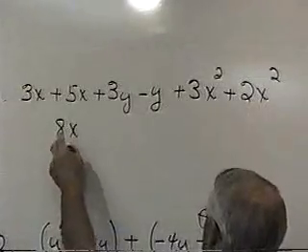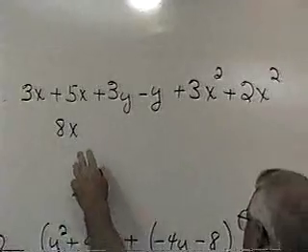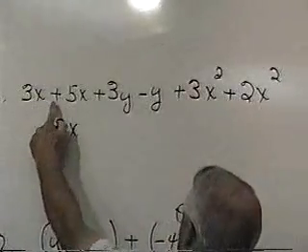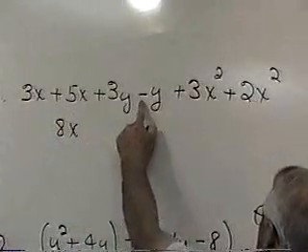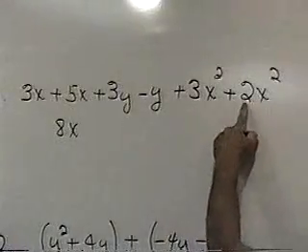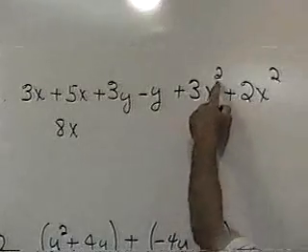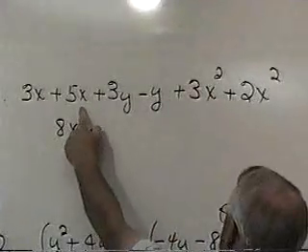Now again, I want to make a big deal out of the first few problems, then I'll get a little faster in working them. I'm saying that this represents 3 apples plus 5 apples plus 3 oranges minus an orange plus 3 pears plus 2 pears. I cannot add an x squared, this thing, to this.